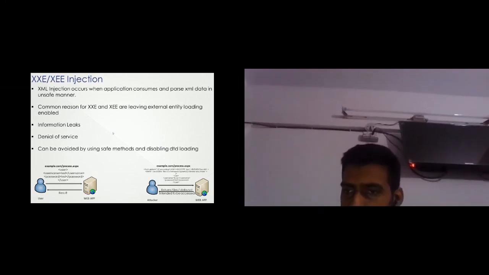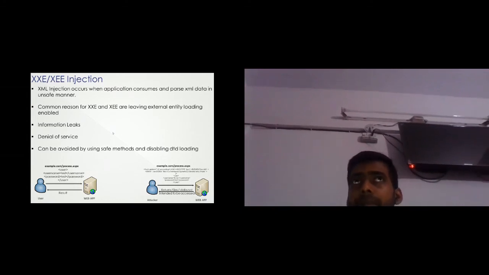In this case, we are trying to access etc hosts files, and that can lead to information disclosure. In a real-world attack, the attacker would probably try to read your web.config files, or maybe SAM backup files. There are a lot of things that can go wrong in case of information disclosure.